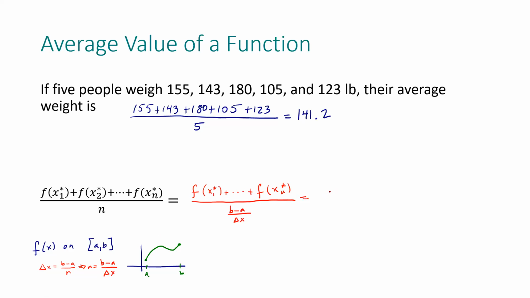Which we can think of here as really just 1 over b minus a, and then we've got some of these function values times delta x. So it's really 1 over b minus a times this Riemann sum.